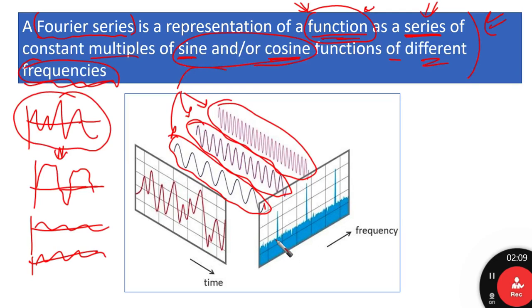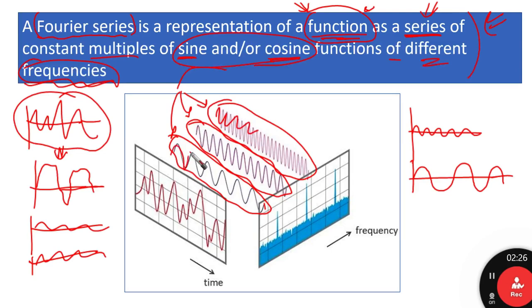This is the frequency of one function, for example, and another function can be something like this, where the frequency is totally different. Here the frequency is very high and here the frequency is low. We are going to bring these functions together, and the summation of these sines and cosines is going to give us the original function. And this is very useful in many applications, as we are going to see.